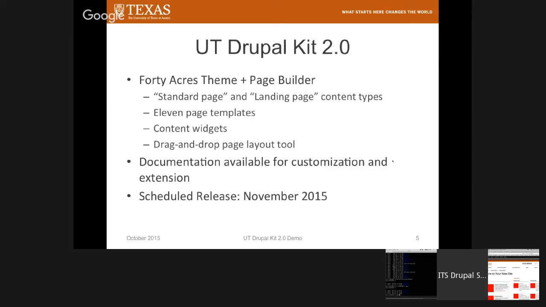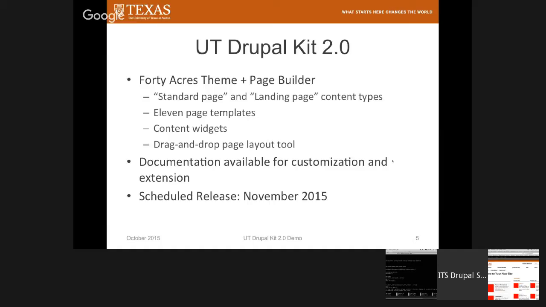Out of the box, this system includes content types for what we call standard pages and landing pages. There are 11 distinct page templates between those two different content types, a collection of content widgets that can be placed on a page, and then a drag and drop page layout tool is integrated into Page Builder to allow you to customize the layout of each page easily.